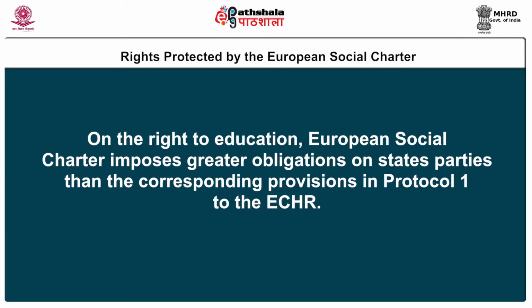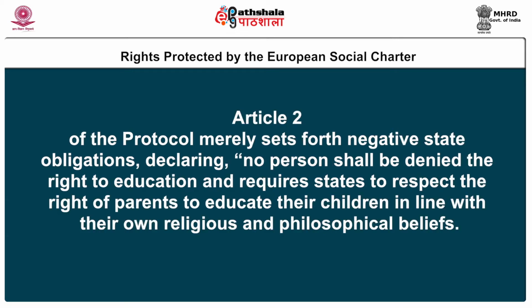Further, on the right to education, the European Social Charter imposes greater obligations on state parties than the corresponding provisions in Protocol 1 to the ECHR. Article 2 of the Protocol merely sets forth negative state obligations, declaring that no person shall be denied the right to education, and requires states to respect the right of parents to educate their children in line with their own religious and philosophical beliefs.